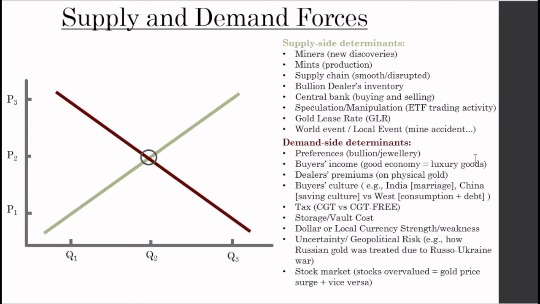So that constitutes a higher demand in the market. It increases demand because more gold is taken out and leased, which actually acts like a de facto short selling, right?